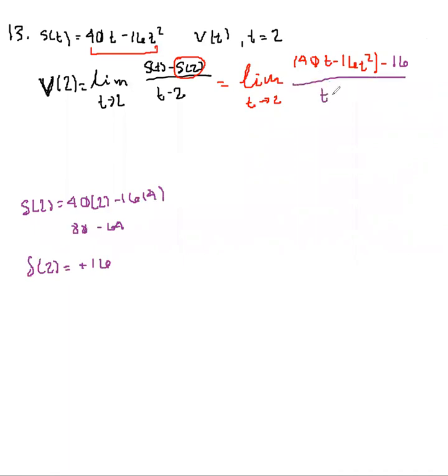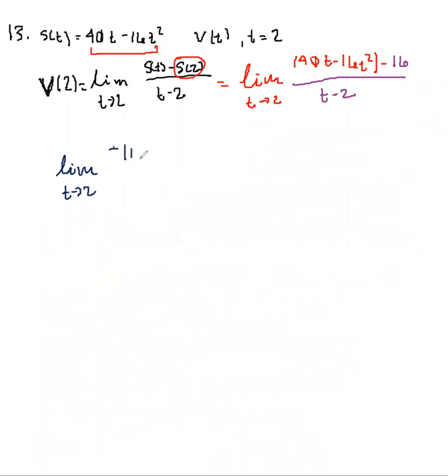over t minus 2. Okay, let's shift this around a little so it's easier to work with. This is the limit of negative 16t squared plus 40t minus 16 over t minus 2.